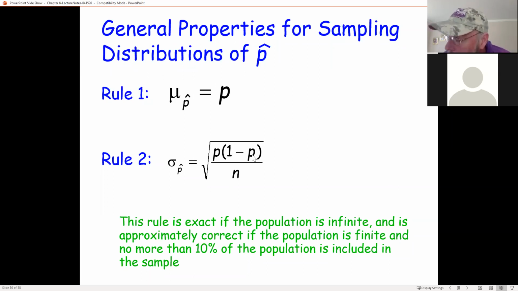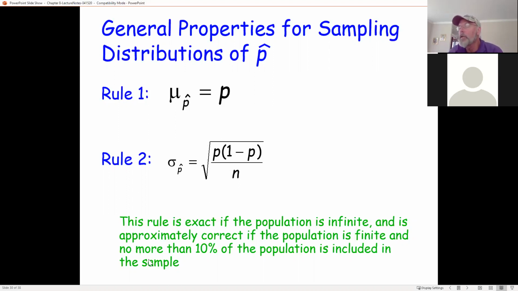Say again? Is it 0.3? Yes, it is. So once we know what P is, then we can understand what this term is here. And of course, we're going to take this and the square root, and this is over the sample size.